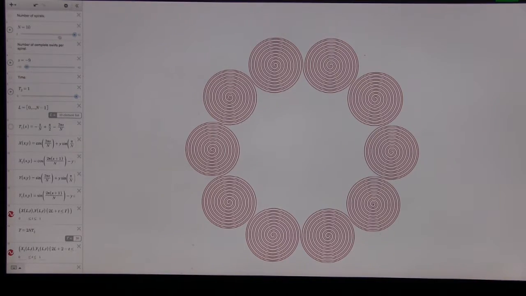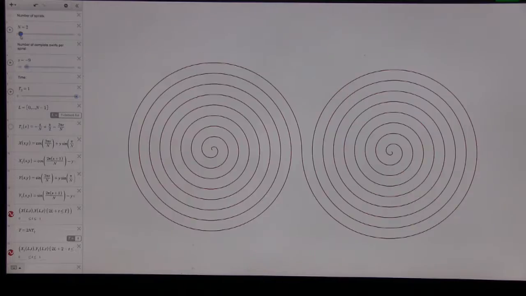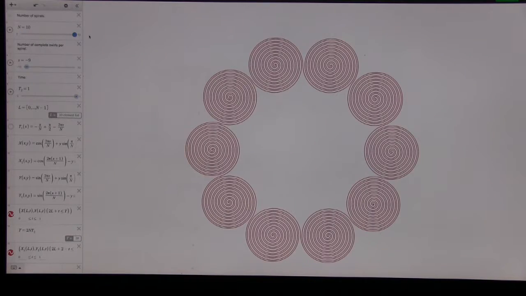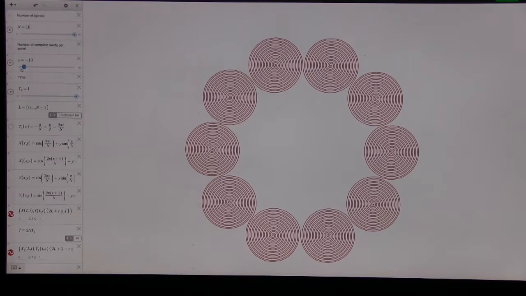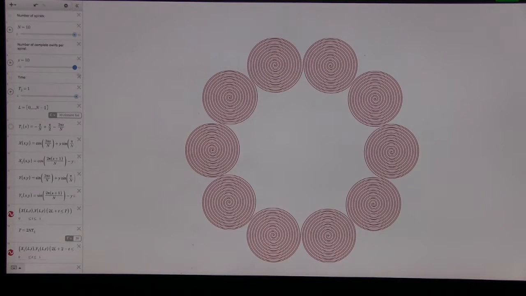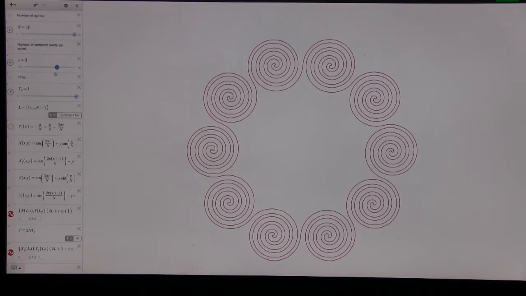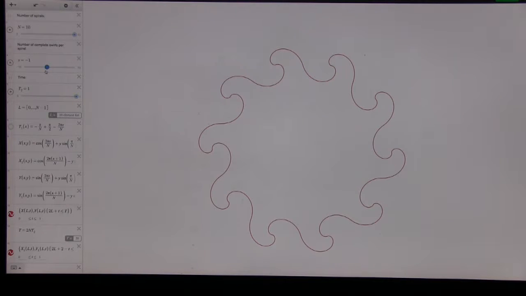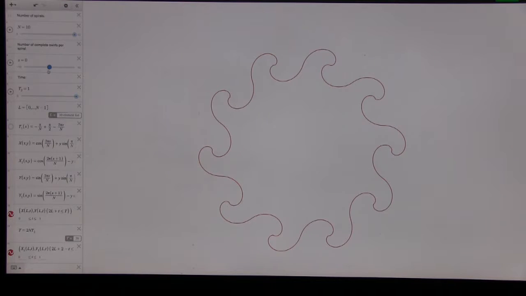Well, you can go from 2 spirals to up to 10 spirals. Okay. And you can go the spirals from -10 to 10. But it's very symmetrical because -1 and 0 are opposites. All right.